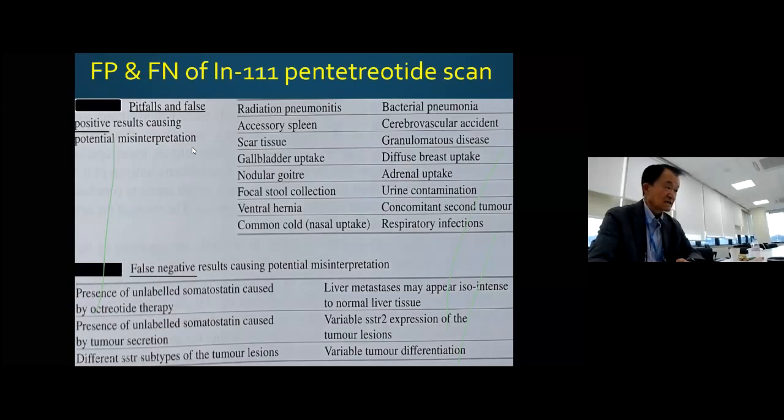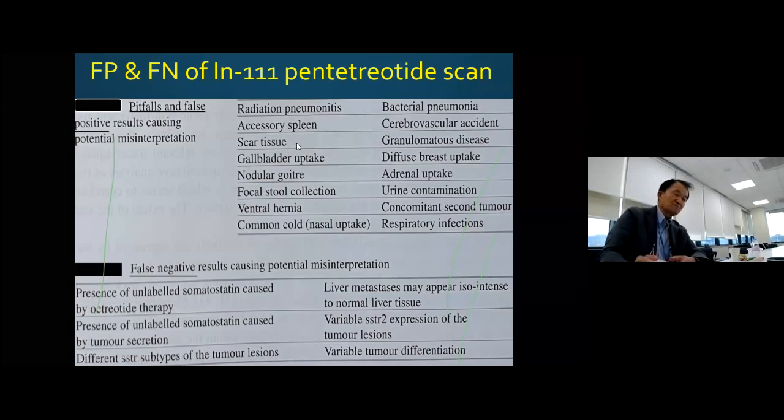But just like any other radiopharmaceutical study, there are false positives. Any area with increased blood flow takes up the tracer by blood flow phenomena, so inflammatory lesions. Because of intense activity in the spleen by receptor, you may easily detect an accessory spleen, just like with technetium red cell, and certain scar tissue, the fibrous tissue.